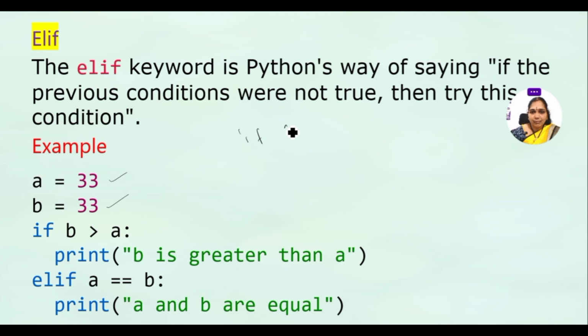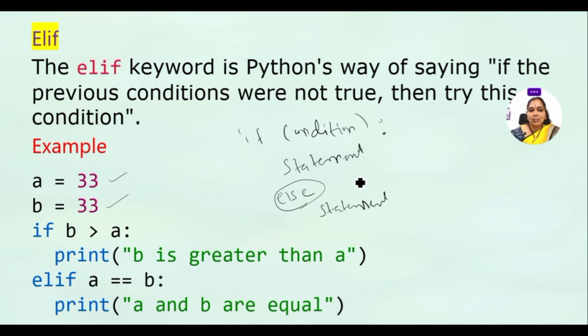So if I want to explain it to you like a syntax, then we can write some statements. We can pass some statement. If this is true, generally we write else and another statement. Right? But if you want to check with the else and if condition, then instead of else we have to write ELIF here.